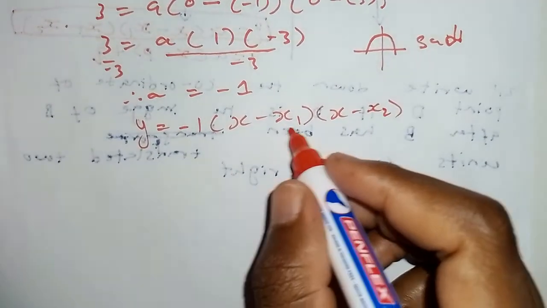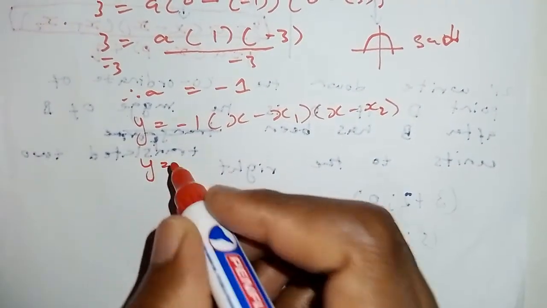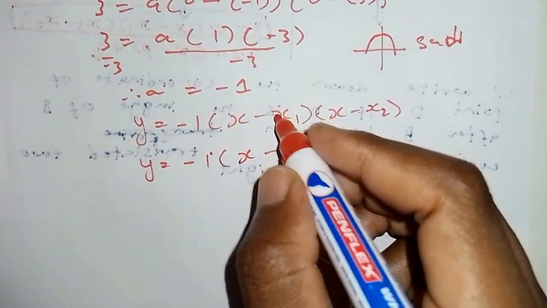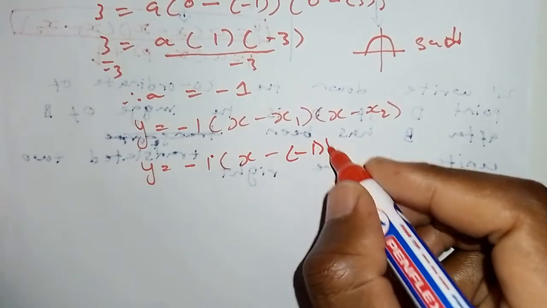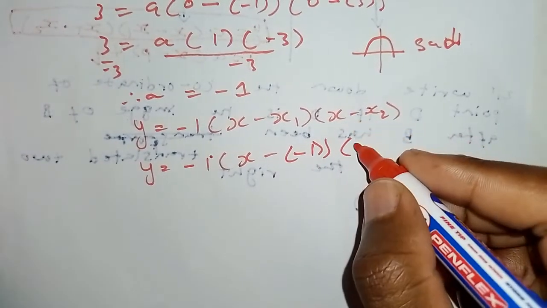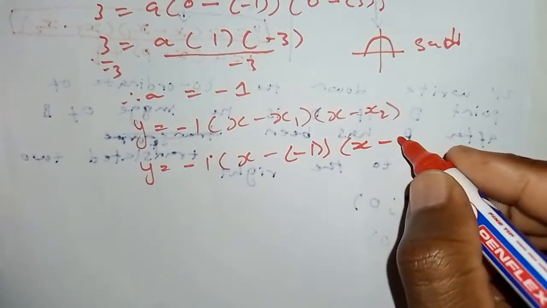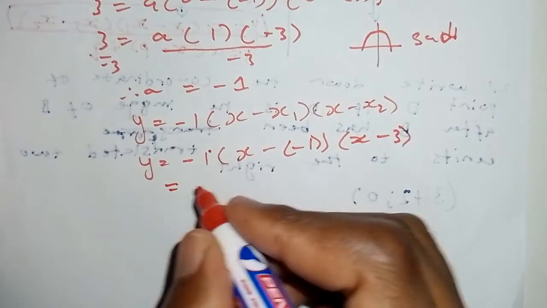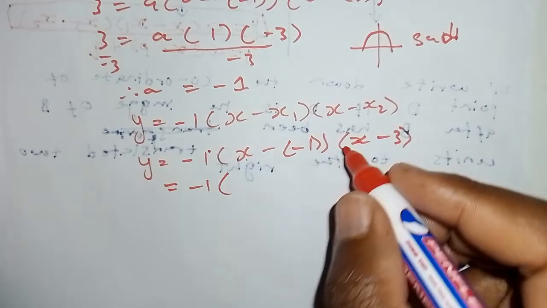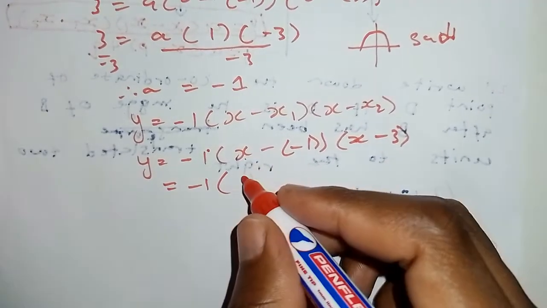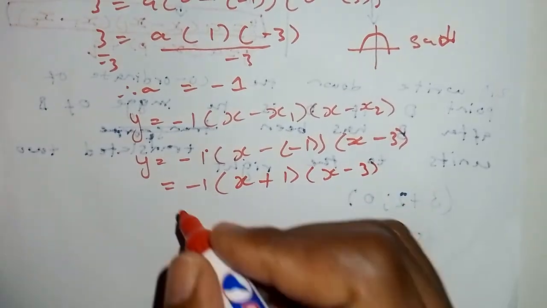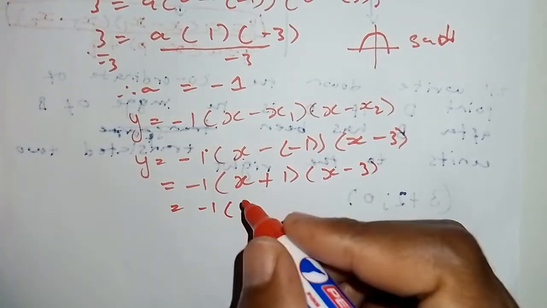So y is equal to negative 1 into x minus, this is minus into minus 1, then this is x minus 3. It's plus 1, x minus 3, right?